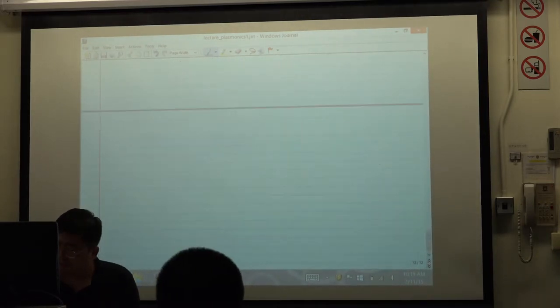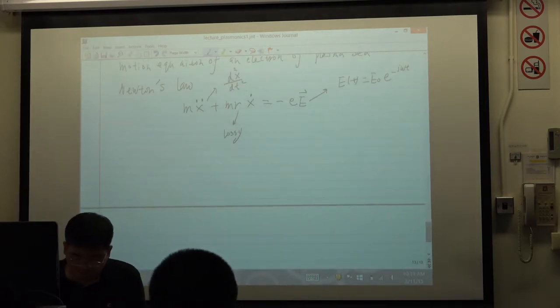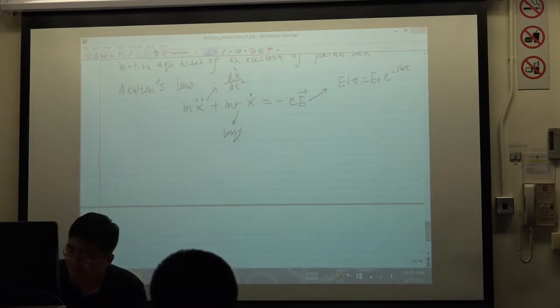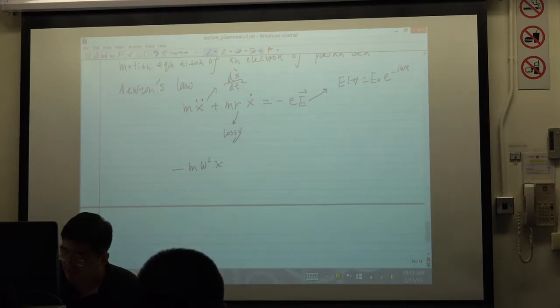From this, use the Fourier transform. This gives minus m omega squared x plus m gamma i omega x equal to the force, e E. This is by the Fourier transform.